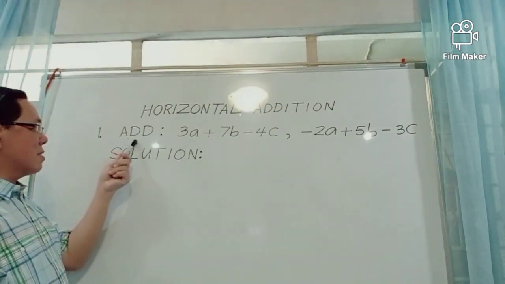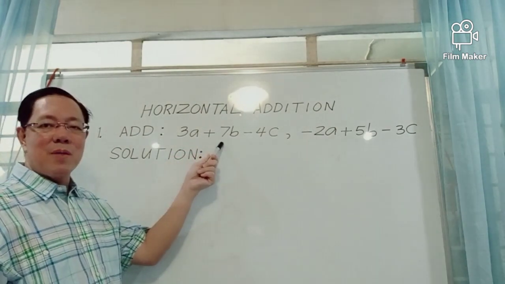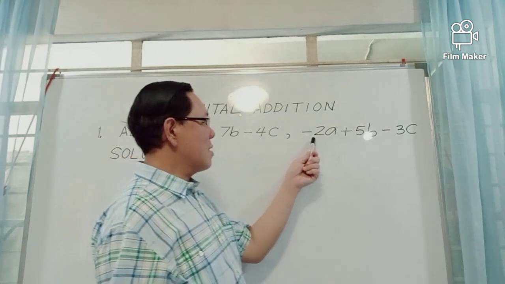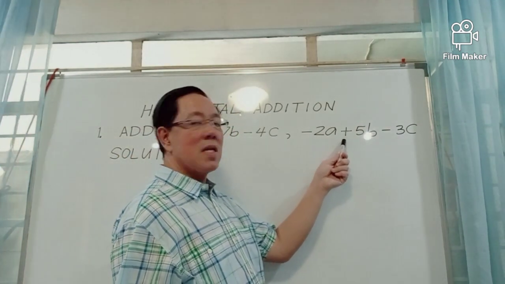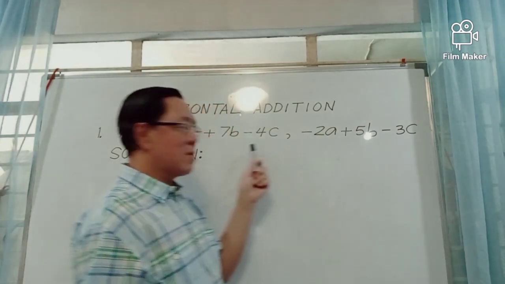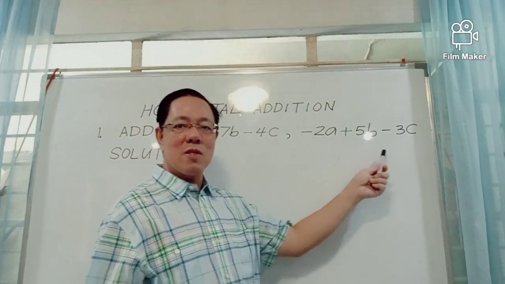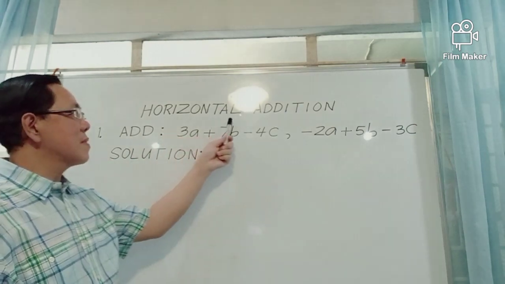Again, we add this trinomial 3a plus 7b minus 4c, and this trinomial negative 2a plus 5b minus 3c. But we get the sum of these two algebraic expressions using horizontal addition.